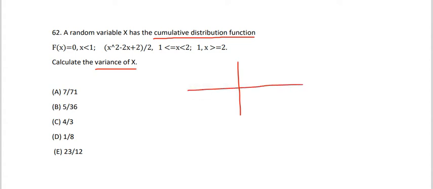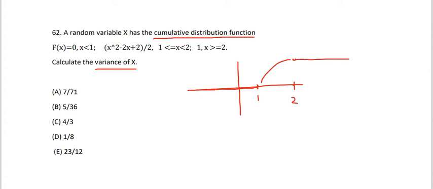When x is less than 1, this is 0. And when x is from 1 to 2, it's like a curve. Then when x is larger than 2, this becomes 1. Here we just need to check whether those points 1 and 2 are connected or not.